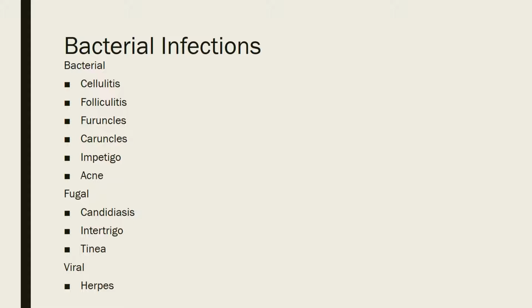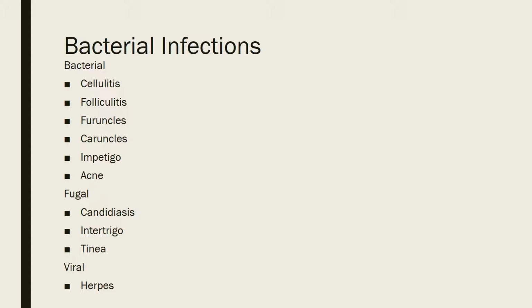Intertrigo is where, and you probably have seen this, just never heard it called that, it involves those skin fold areas where two surfaces are in contact, like the groin or underneath the pendulous breasts of clients, or in between skin folds of obese patients, that kind of thing. So that's a fungal infection.